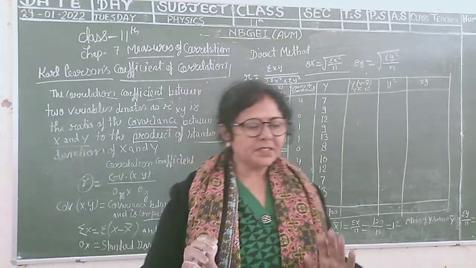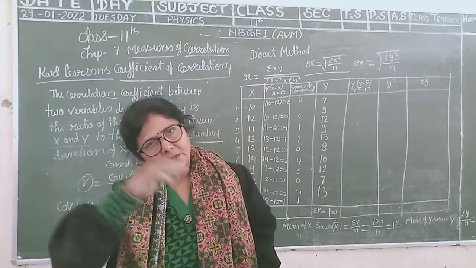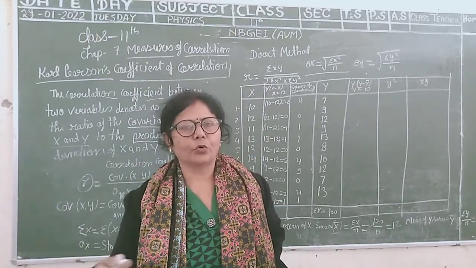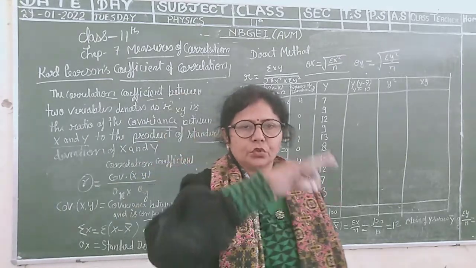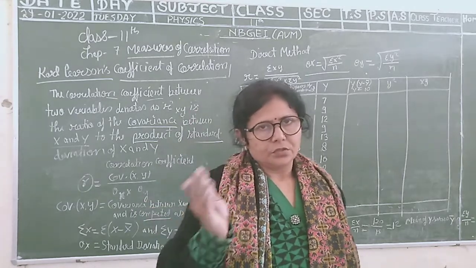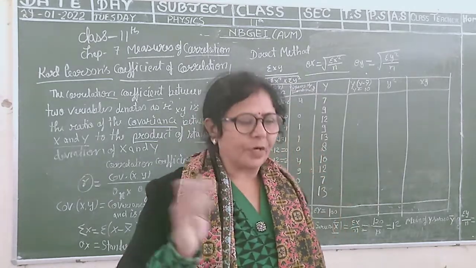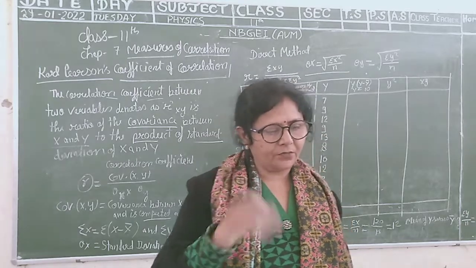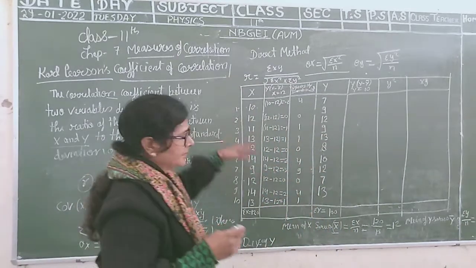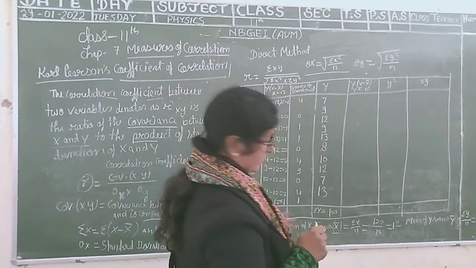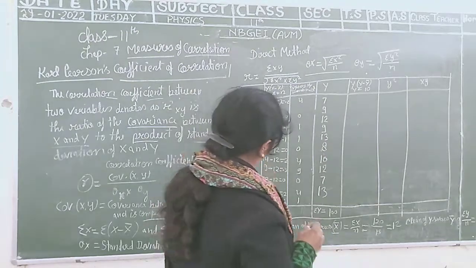Understand? It means we square each value: 2 square is 4, 0 square is 0, 1 square is 1, 1 square is 1, and so on. And then we will count, that is, sum it.